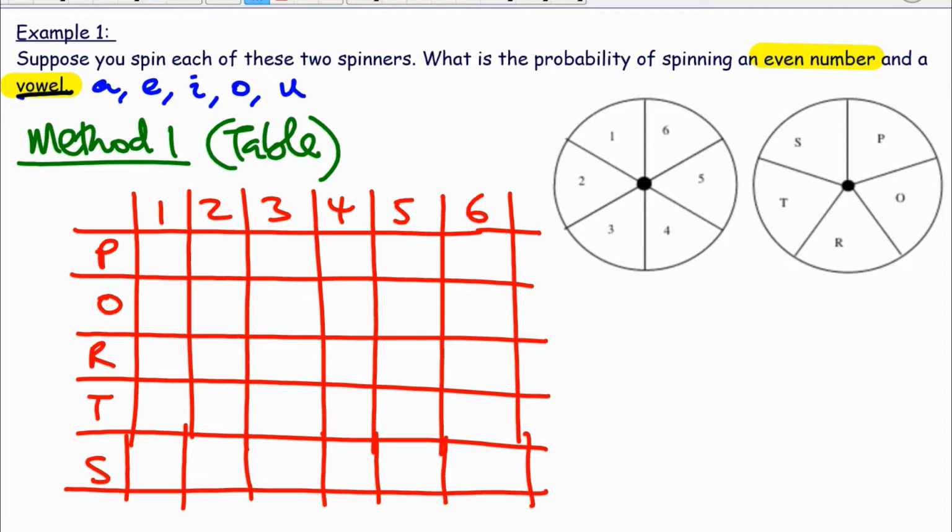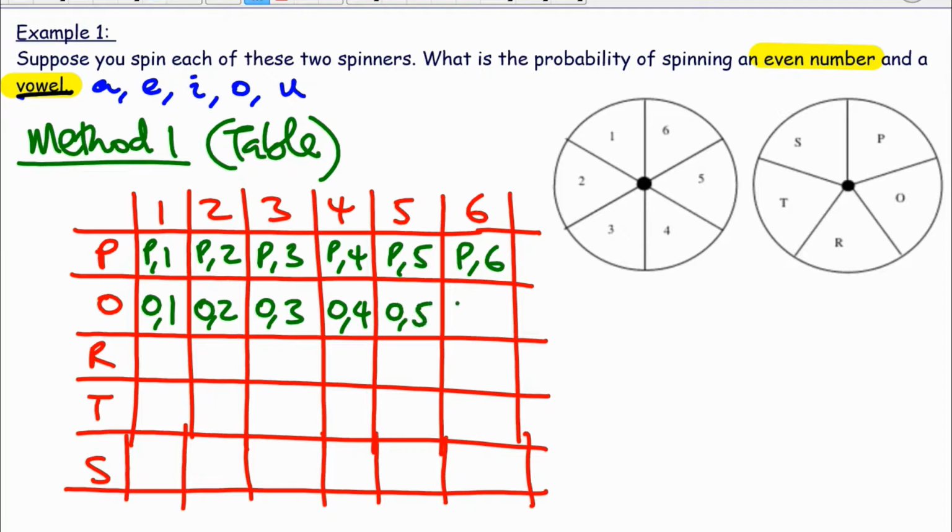So you can have a P and a 1, P and a 2, P and 3, P and 4, P and 5, P and 6. You can also have an O and a 1, an O and a 2, an O and a 3, an O and a 4, O and a 5, and O and a 6.